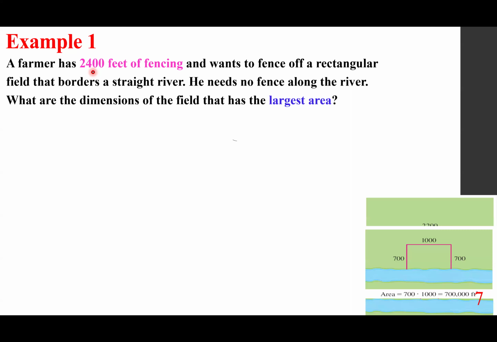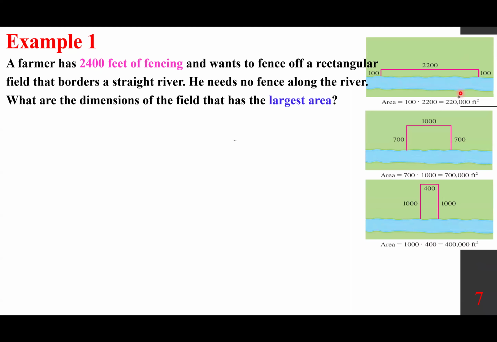Well, we can draw something, make things up, a width of 100, a length of 2,200, 700, 1,000, and so on, and just guesstimate. But that's not the proper way.